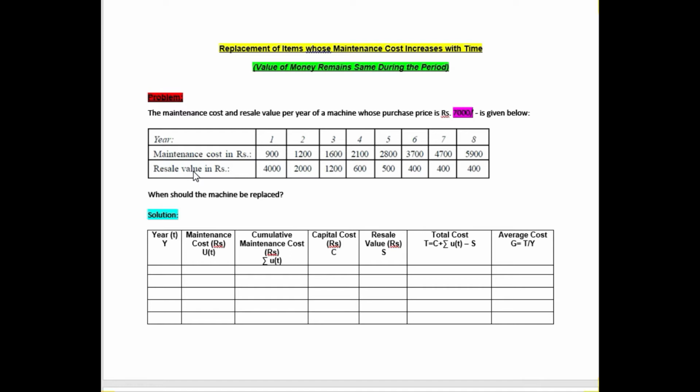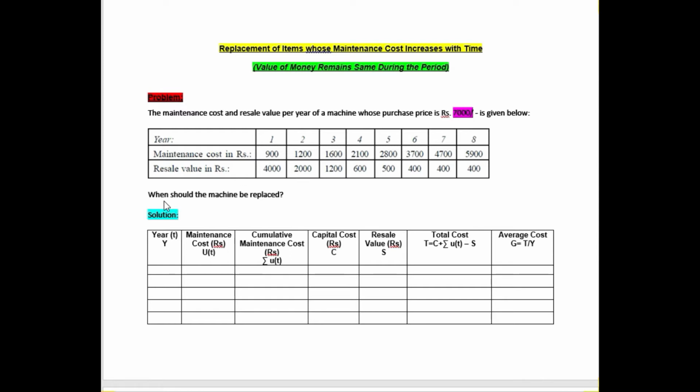So the capital cost will be the purchase price of 7,000, and the maintenance cost is given. Both costs are invested on the machine, and the resale value or scrap value is recovered from the machine when it is scrapped.